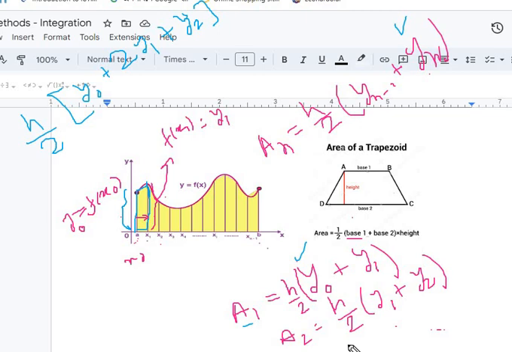Now, if you are adding this with A3, what will this give you? Let me just write it first. What is A3? A3 will be equal to h by 2 times y2 plus y3. So when you are adding this, obviously you are adding with y2, and y3 is left.